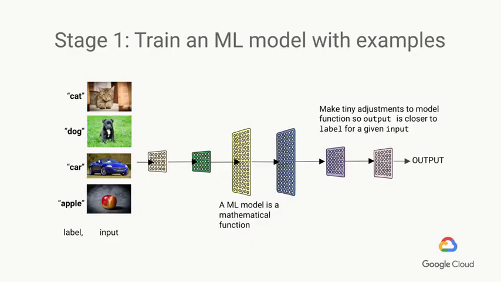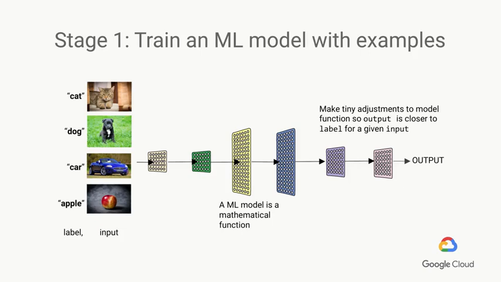Then when we train a model, what we're doing is making tiny adjustments to the model so that the output of the model, the output of the mathematical function, is as close as possible to the true answer for any given input. Of course, we don't do this on one image at a time. The idea is to adjust the mathematical function so that overall the outputs of the model for the set of training inputs is as close as possible to the training labels.